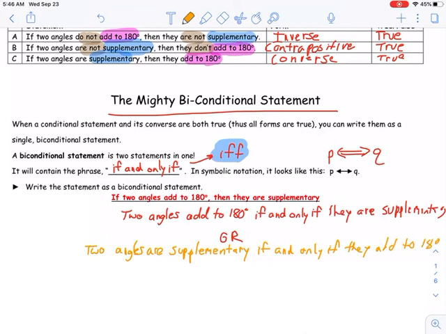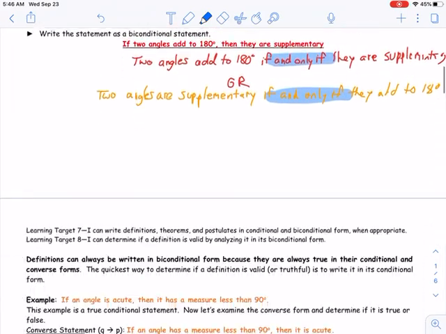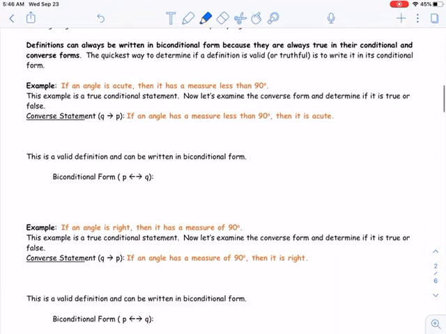That's legal as well. Alright? So in biconditionals, order doesn't matter. Just eliminate the if, eliminate the then, and smack dab in the middle, you have the phrase if and only if. Alright? Stay tuned for more information.